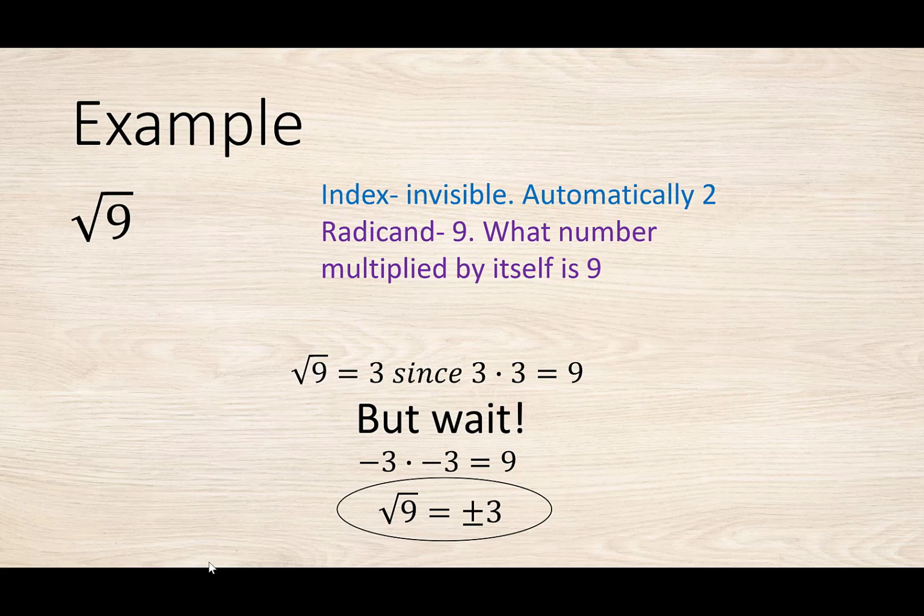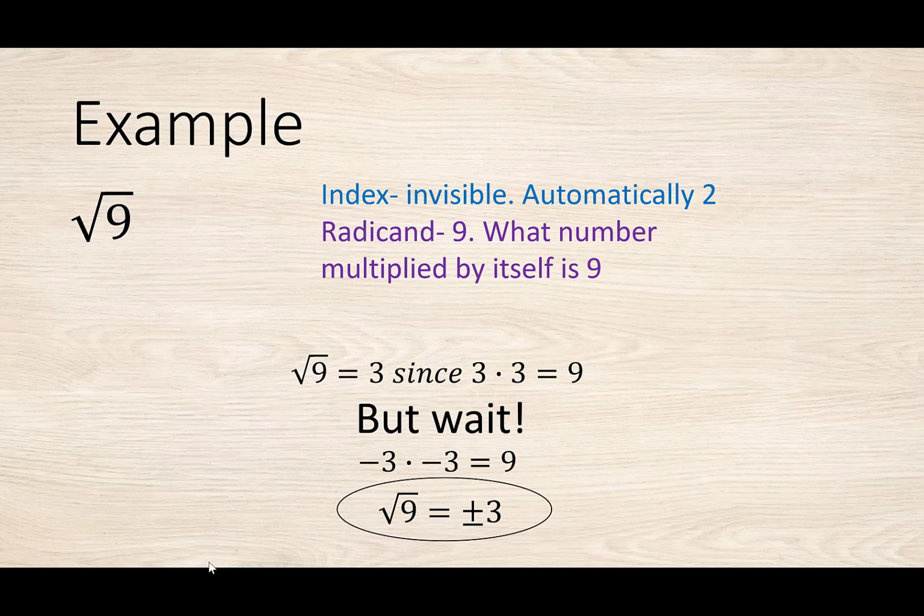The radicand, the number underneath the radical, is 9. So we have to figure out what number multiplied by itself is 9. Well, based on the list of perfect squares that we had in the previous lesson, we know that the square root of 9 is 3 because 3 times 3 gives us 9.